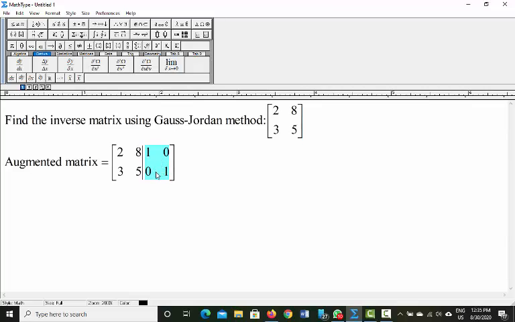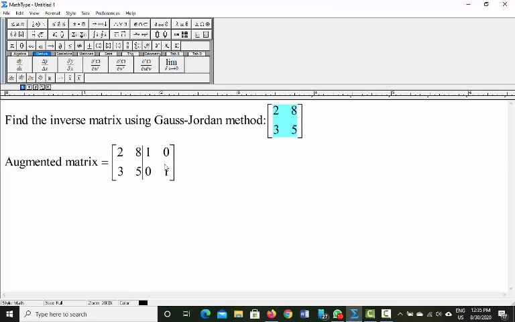This is a 2 by 2 identity matrix. The matrix that we have here is a 2 by 2 matrix, so we need to write a 2 by 2 identity matrix on the right hand side of the divider.